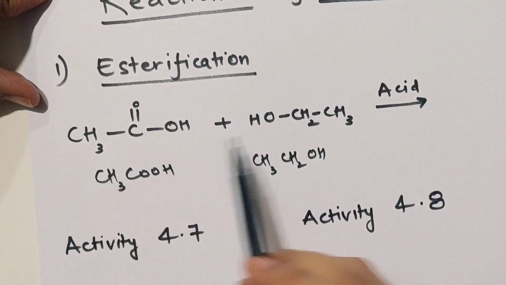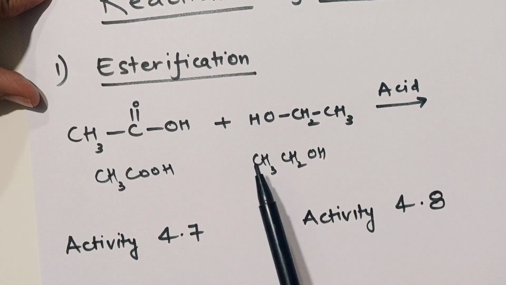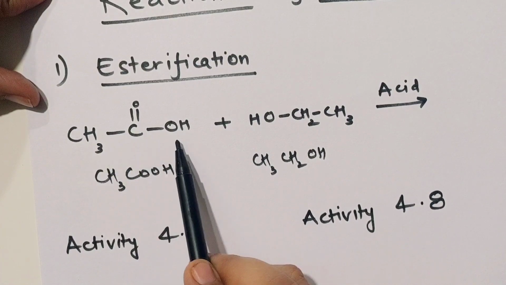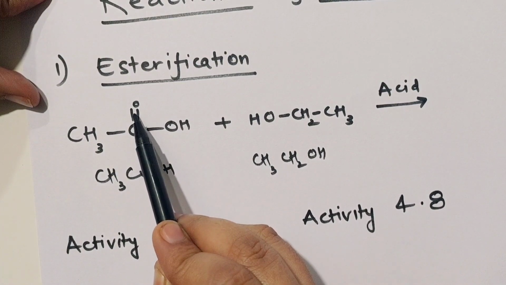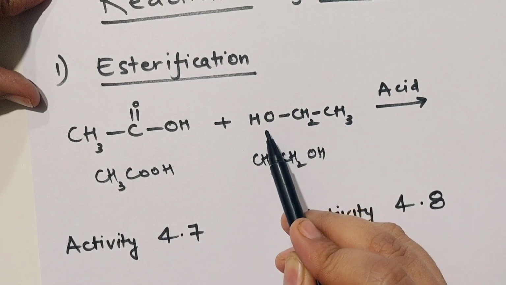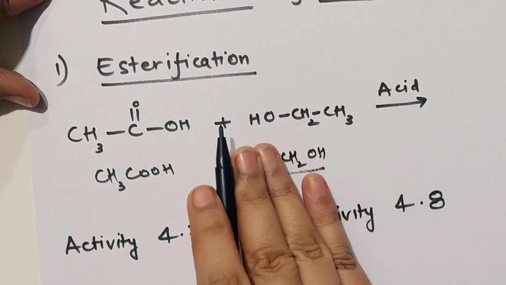But to be able to write the product without any mistakes, I suggest you write the acid like this, showing the C double bond O, and also flip the alcohol. This is basically this thing flipped.